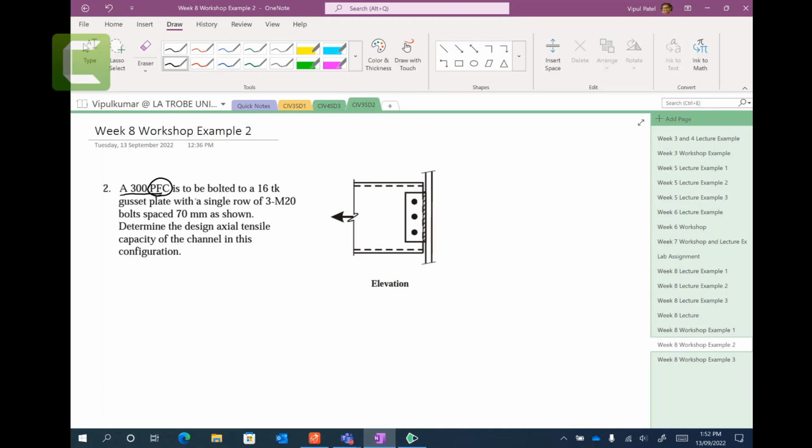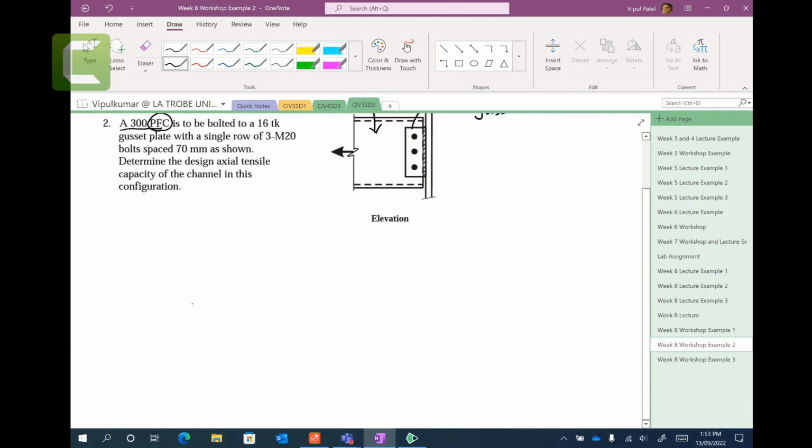So this 300 PFC is to be bolted on 16 thick gusset plates. So this is a 16 millimeter thick gusset plate. I hope you understand this configuration, right? This is the 300 PFC.